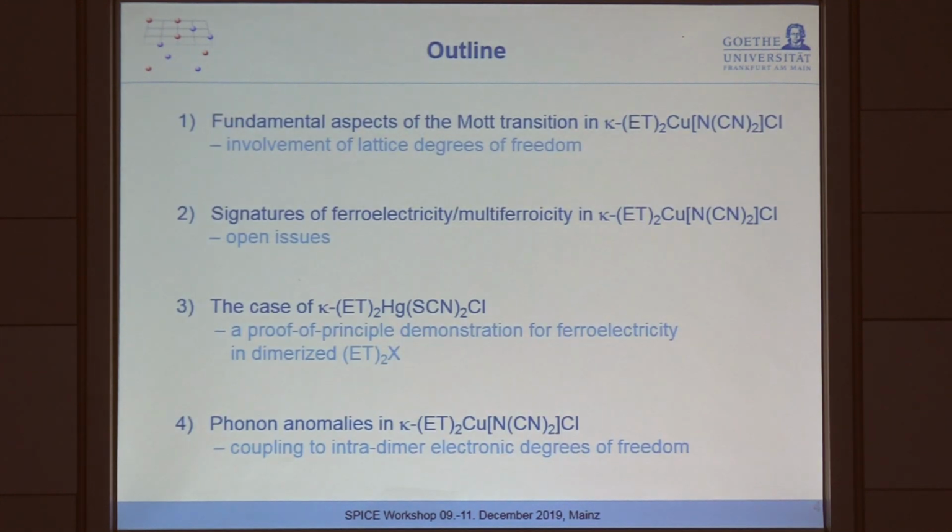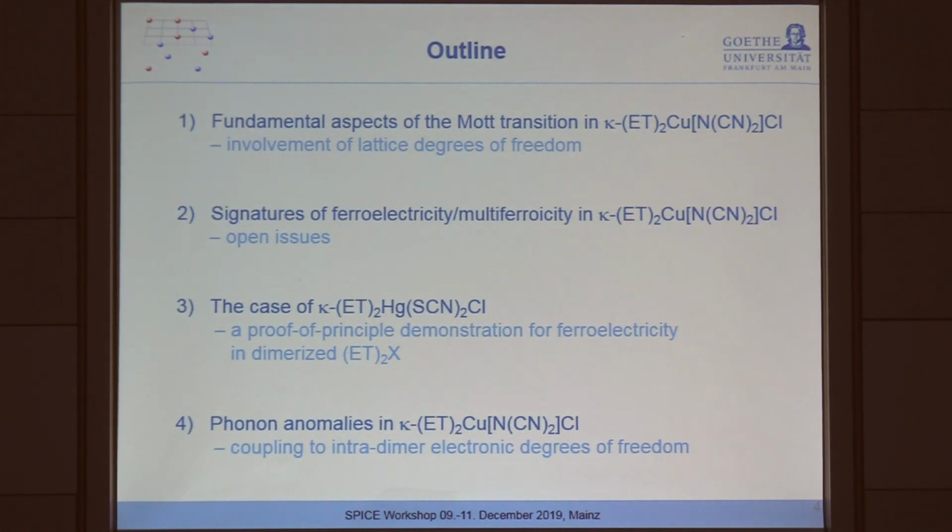This is the outline of my talk. Don't worry, I don't want to go through all these different materials which I showed you in the phase diagram. I will essentially focus on one single material, which I've just shown you the phase diagram of, and which we abbreviate as the kappa-chlorine material. I will start off by discussing a fundamental aspect of Mott physics which we can access in this material by applying small hydrostatic pressure.